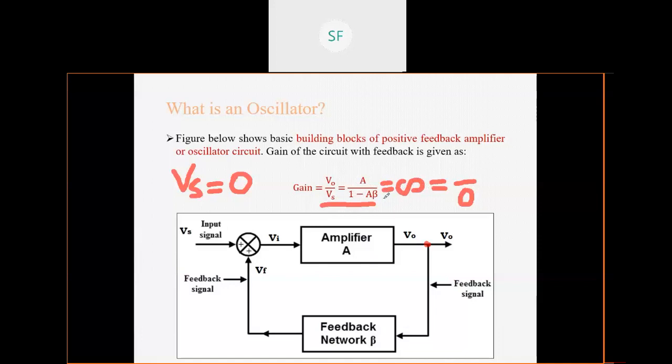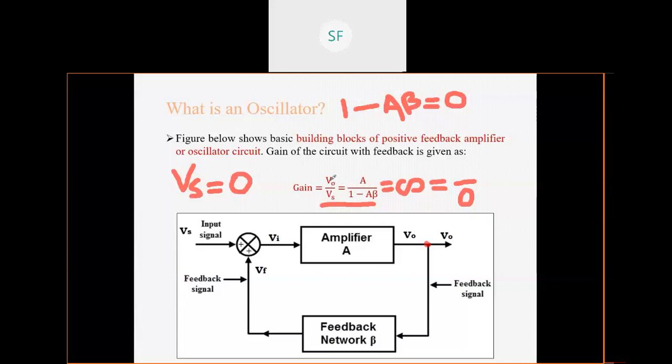So what does this expression tell you? It tells you about 1 minus A beta. What will be the value of 1 minus A beta? Since this fraction is equal to infinity, the denominator must be 0. This fraction is equal to this fraction.